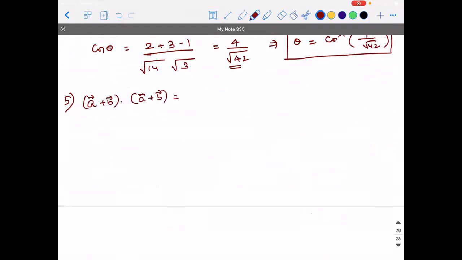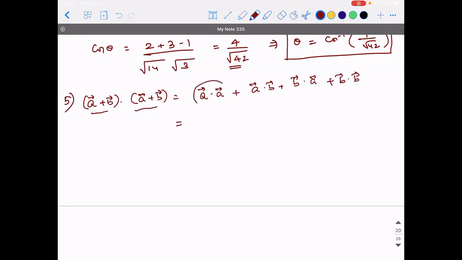Then what is going to be the answer? Two terms and two terms, so totally you will get 4 terms. So it is going to be a vector dot a vector plus a vector dot b vector plus b vector dot a vector plus b vector dot b vector.